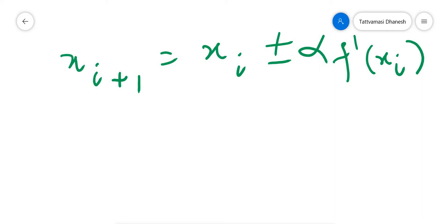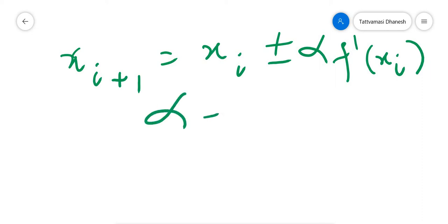So this is the equation you will get. You will take a random value for x, calculate f dash x and substitute the value. If it is not 0, again we change the value of x and come up with x of i plus 1. Here, what is alpha?